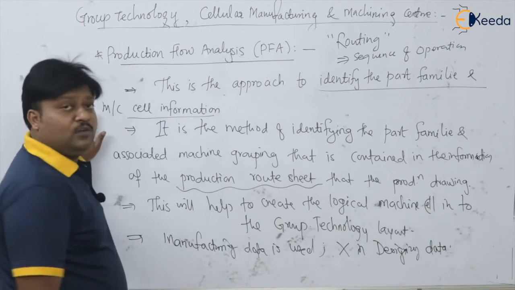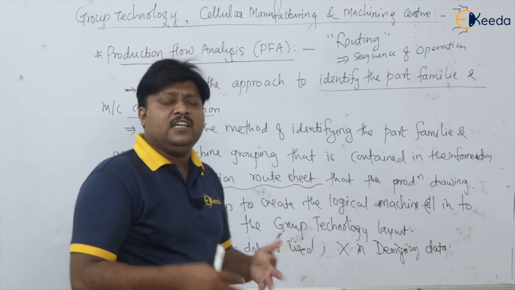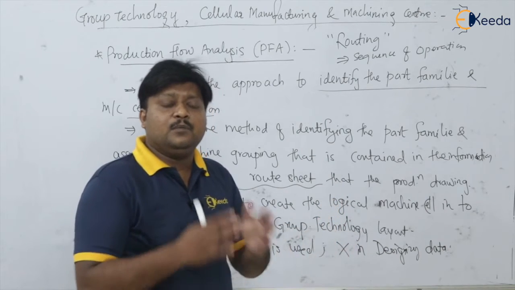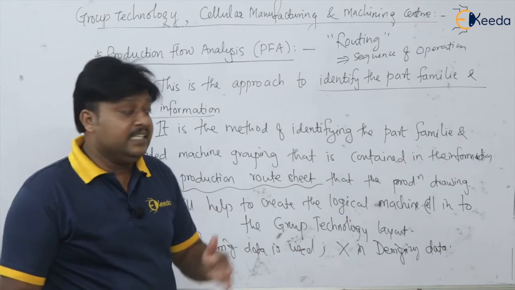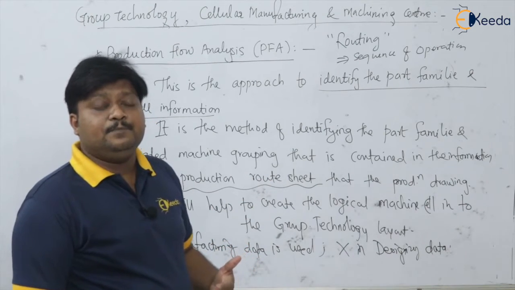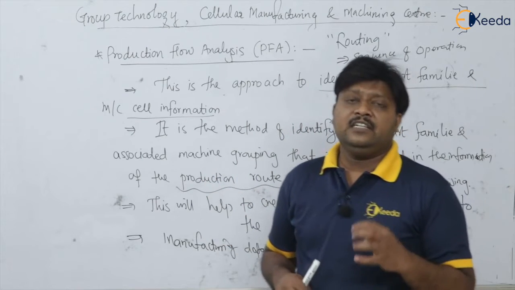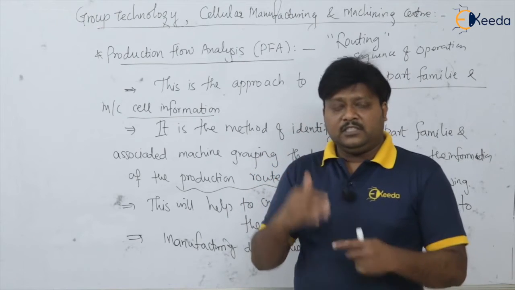So this is about the production flow analysis. If you want to see the steps, there is data collection, the sorting of the process route sheet, then production flow charting, and finally the cluster analysis. So these are the steps generally followed for doing production flow analysis. But you just keep it in mind.